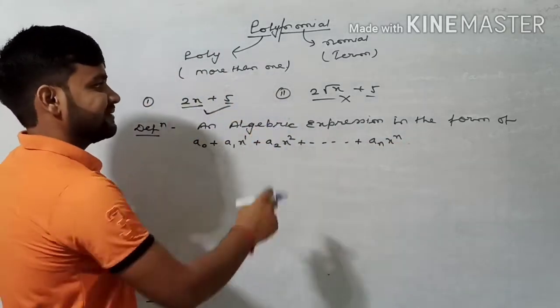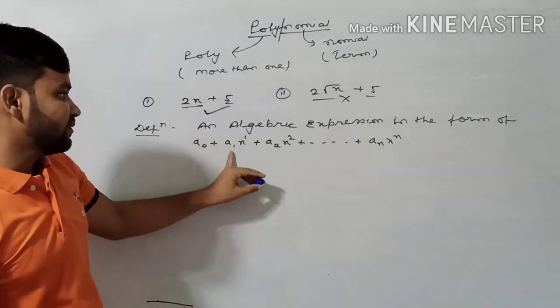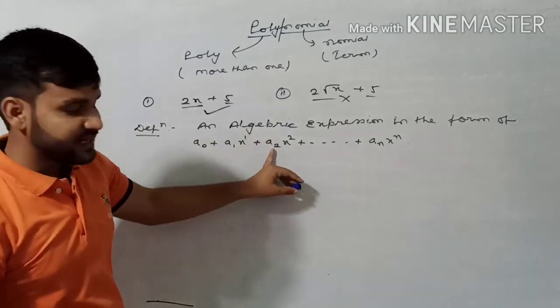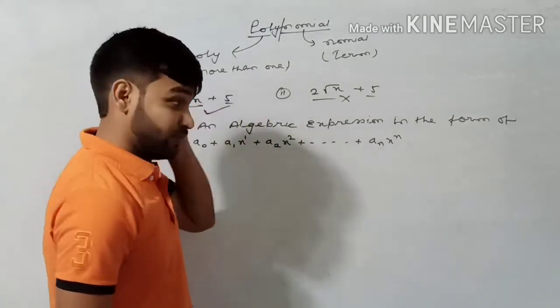That means our algebraic expression is in the form of a0, a1 x to the power 1, a2 x to the power 2, dash dash an x to the power n.